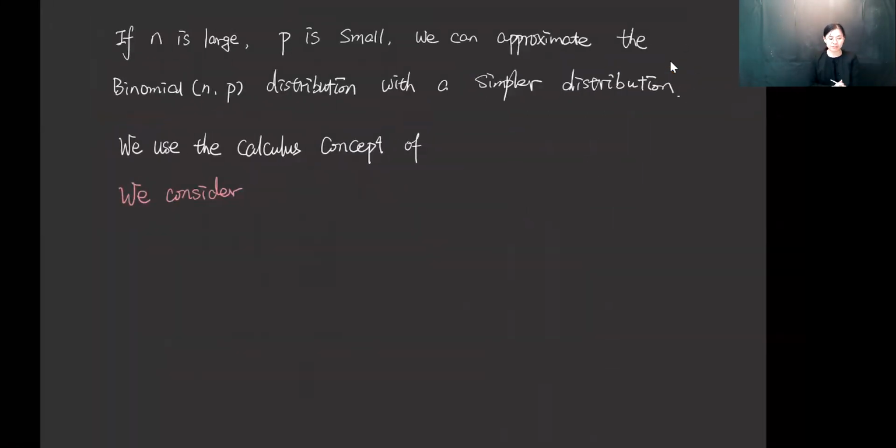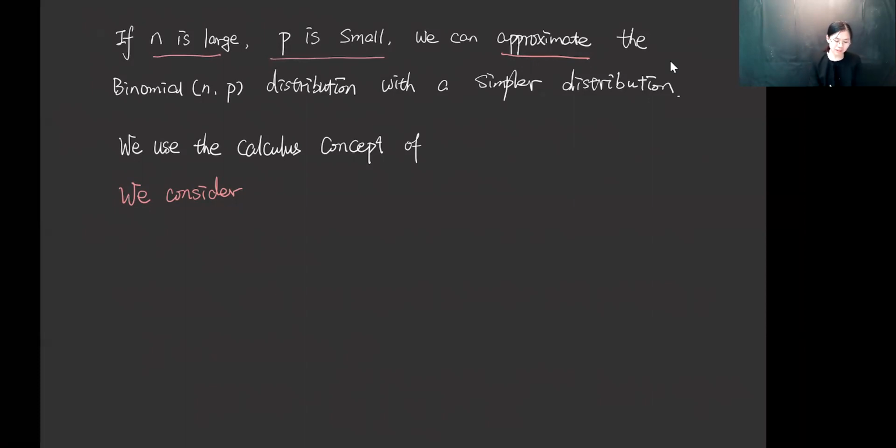Fortunately, when n is very large and p is very small, we can approximate the binomial distribution with a much simpler distribution. That is what the Poisson limit theorem is about. How do we think about this approximation? This approximation applies when n is large and p is small.